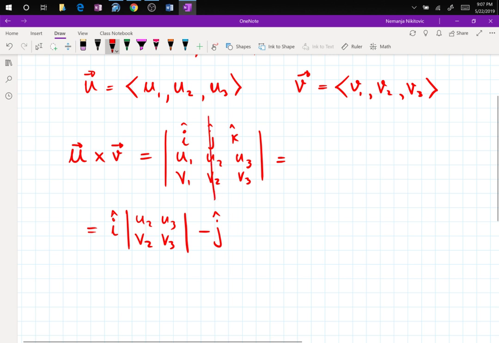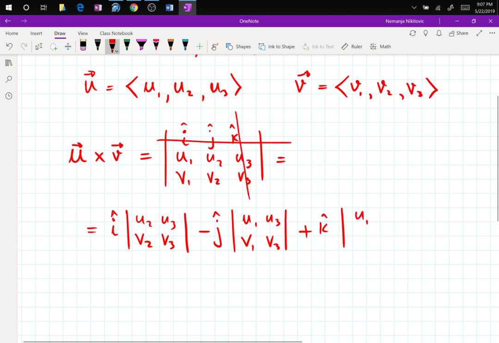You eliminate a row and a column, and what's left is u1, u3, v1, v3. And finally, plus k, eliminate row and column, u1, u2, v1, v2.